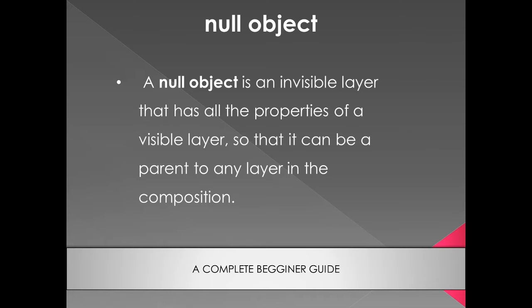So basically, a null object is an invisible helper that stores all of the keyframes that you can then tell a text to parent. So the null object will store all this information, and then you can just link it to a text, and that text or that object that you choose will take all the data that the null object has stored onto it.